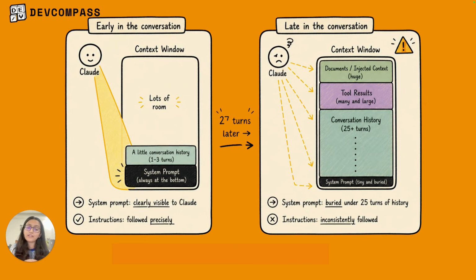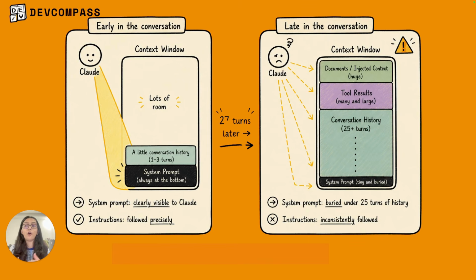And Claude's attention, shown now as multiple scattered beams instead of one clear spotlight, is diffuse. It's not focusing cleanly on anything. Instructions that Claude followed precisely in turn 3 are now being followed inconsistently in turn 28.